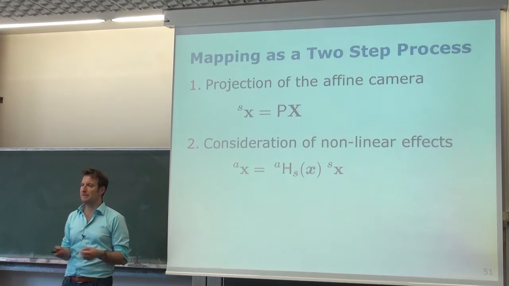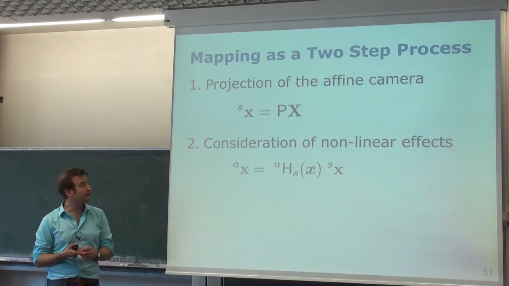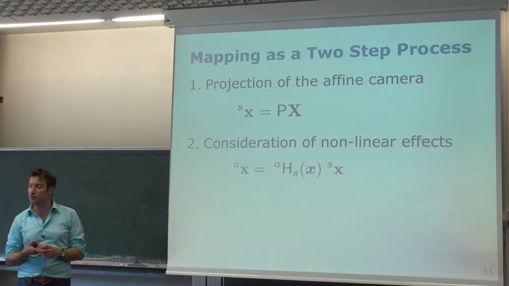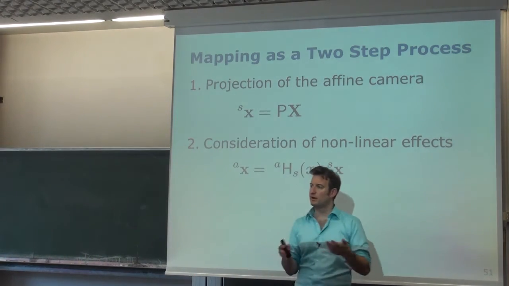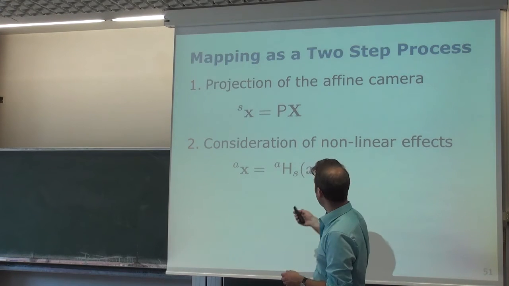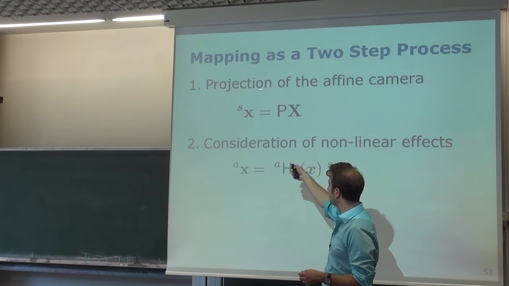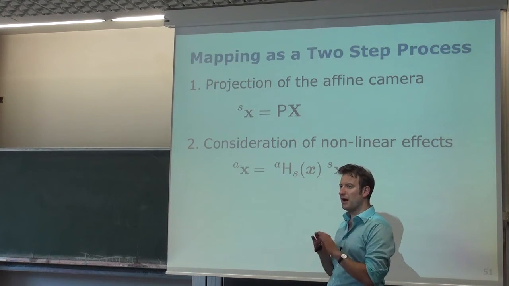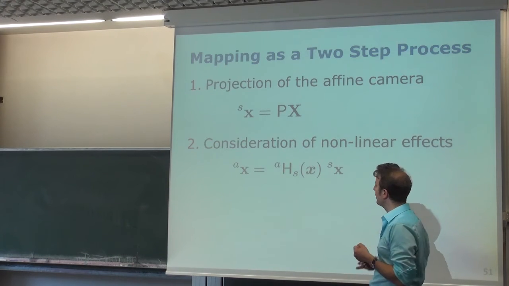So the overall mapping that we have for our general camera, including also nonlinear errors, can now be seen as a two-step process. First, we do the projection according to the DLT. So we map from our world coordinate system to the sensor coordinate system, modeling only the linear effects. This is the model of the affine camera.